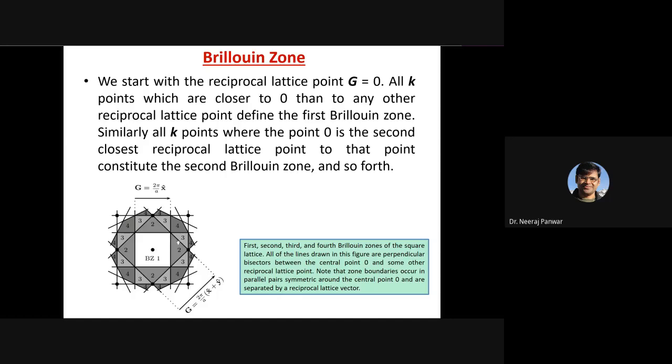Similarly, we can define the second Brillouin zone when we connect the second nearest neighbors to the origin and draw the perpendicular bisectors of the lines joining the origin to them, then the space that forms after joining these perpendicular bisectors is known as the second Brillouin zone. So this is the first Brillouin zone, and where 2 is written, this represents the second Brillouin zone. Similarly, we can construct the third, fourth, and nth Brillouin zone.